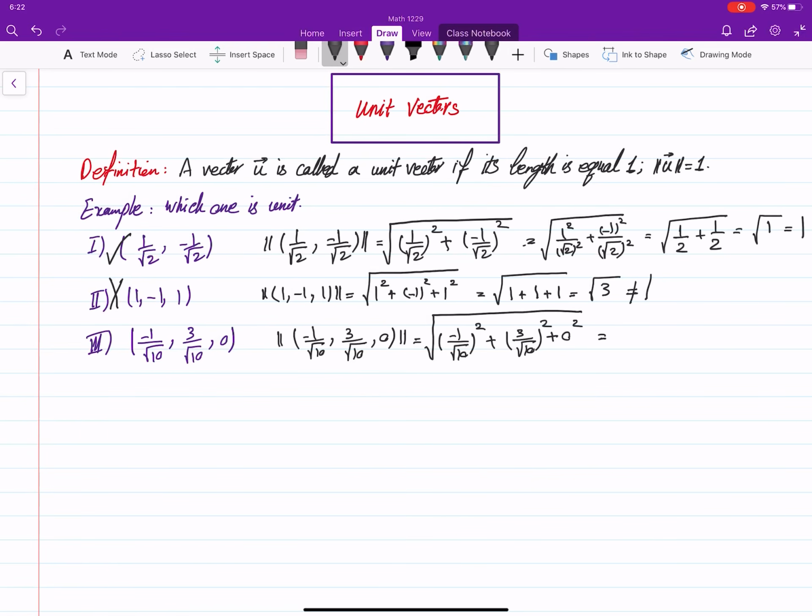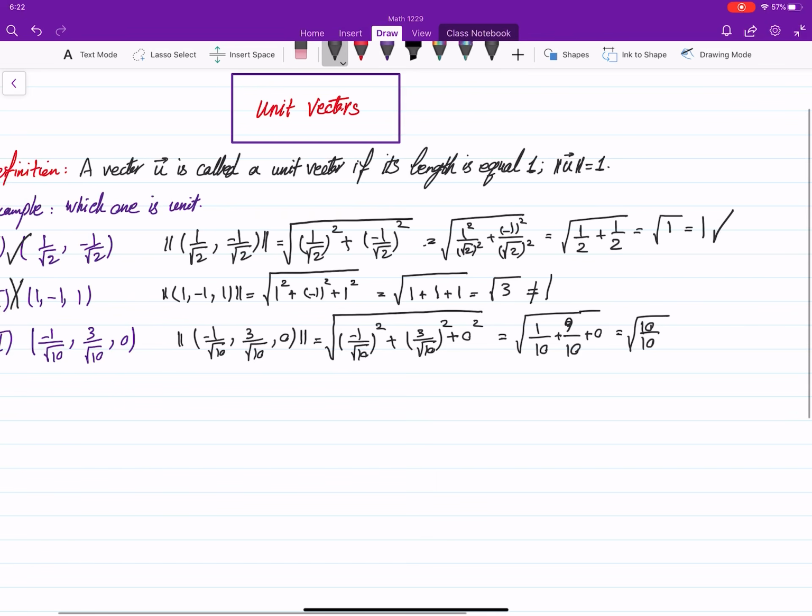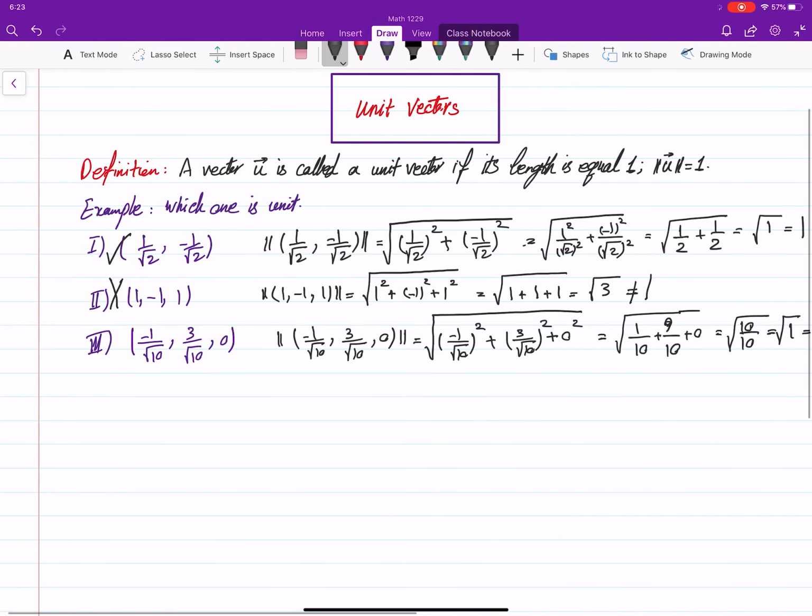The similar computation as above shows that this is 1 over 10, this is 9 over 10, and that's 0. You add those, you get 10 over 10, which is 1, and root 1 is 1. So we see here that this vector is a unit vector.